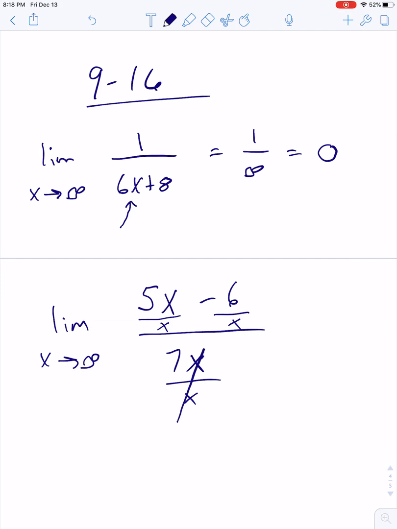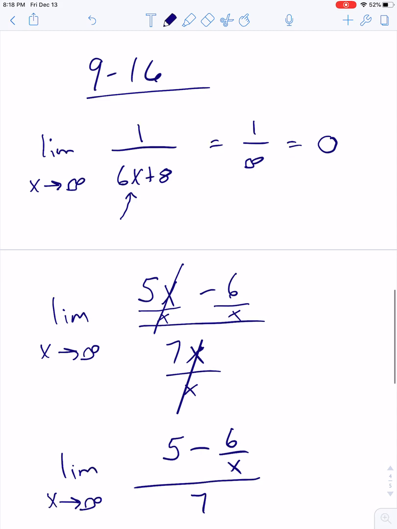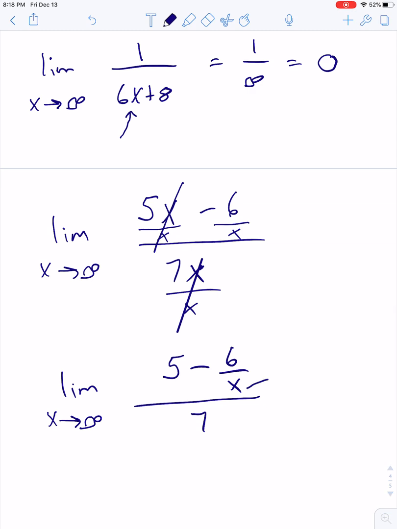If I divide that by x, that goes to 1. That goes to 1. 6 divided by x. So now what we have left is 5 minus 6 over x, divided by 7. And we're still looking at the limit as x approaches infinity. As x gets really, really big, this goes to 0 because it's 6 divided by a huge number. So then we are just left with 5/7.